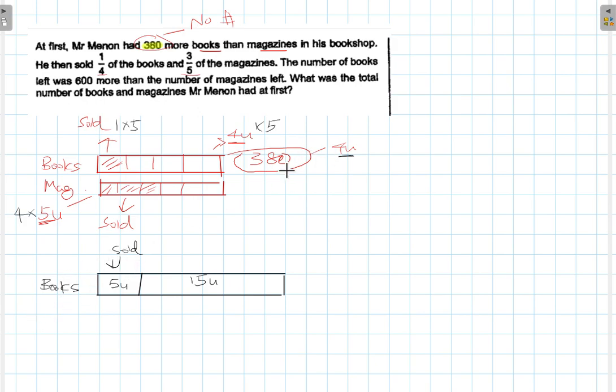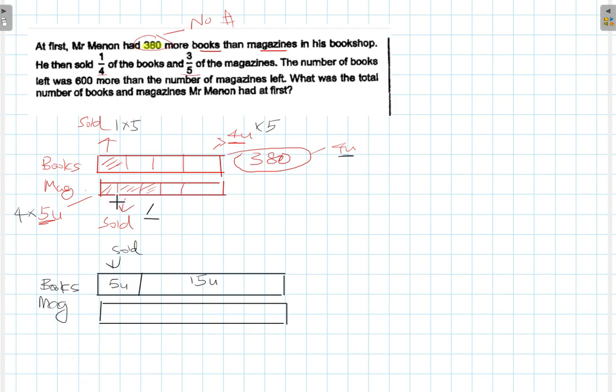And then later I will handle this. I go to the magazine part. Magazine total also up to be 20 units. So it says that 3/5 is sold. 3/5 is sold, right?